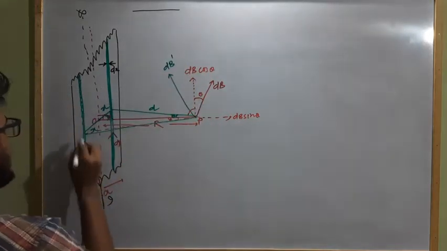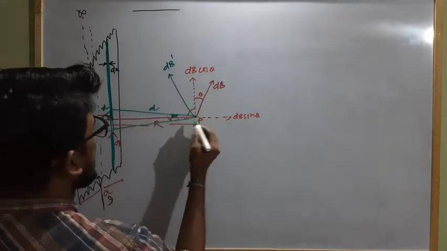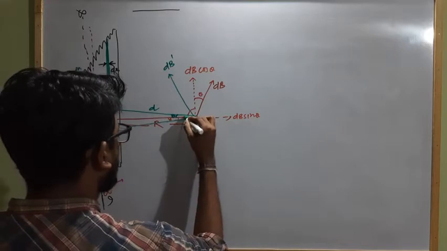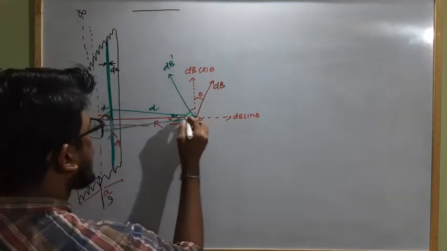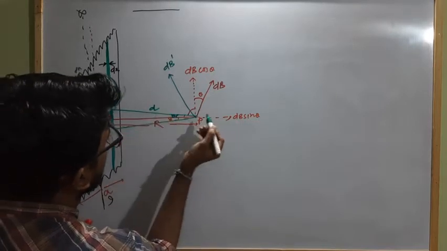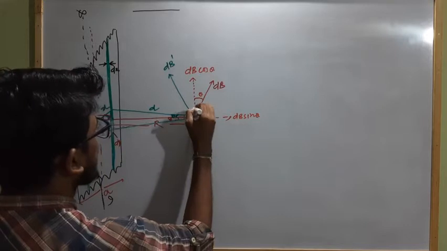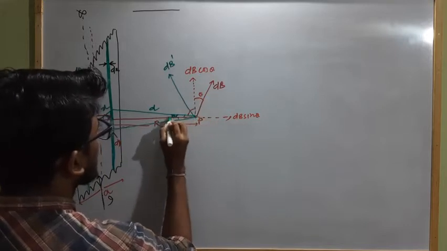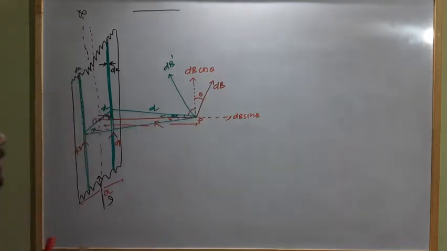Let this be the dx. For this it will be dB dash, this is dB. Again this angle is theta, so this will be 90 minus theta. If we split into two perpendicular components, one will be along this direction, another along this direction. So these two components will cancel, only dB cos theta will be added up.